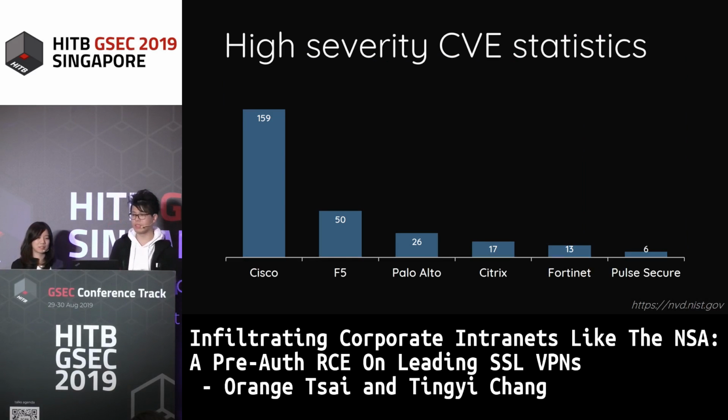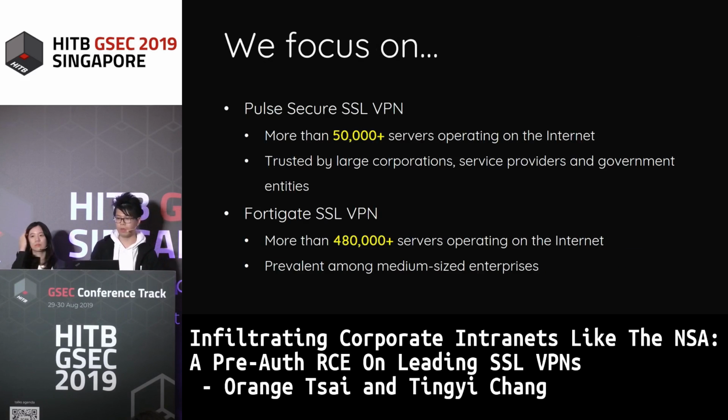Once we decided to research SSL VPN, the next question was how to choose the targets. We did a little survey on leading SSL VPNs. As you can see, even counting high-severity CVEs, ProSecure and Fortinet are the most secure ones. We wanted to challenge the mission impossible, so we put our priority on ProSecure and Fortinet.